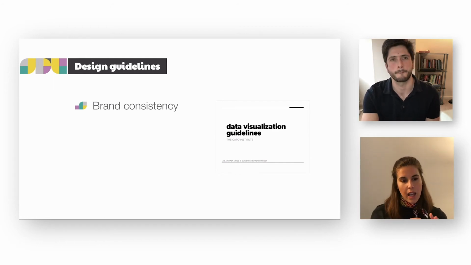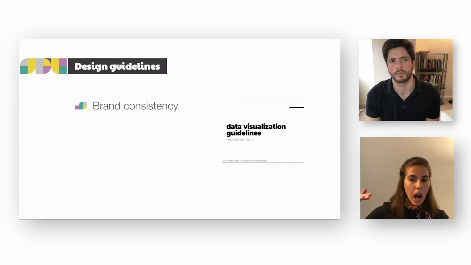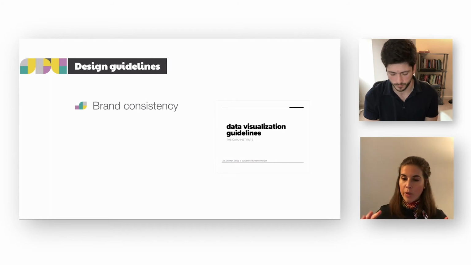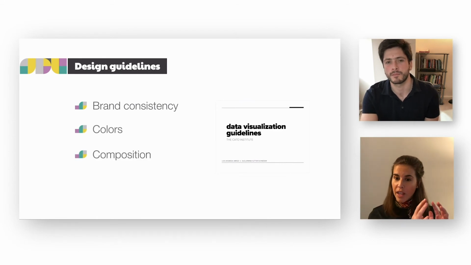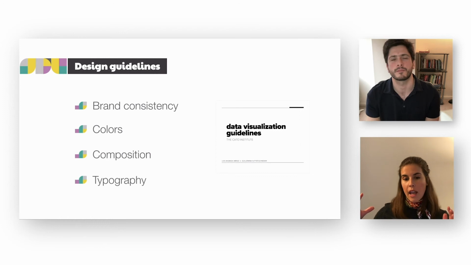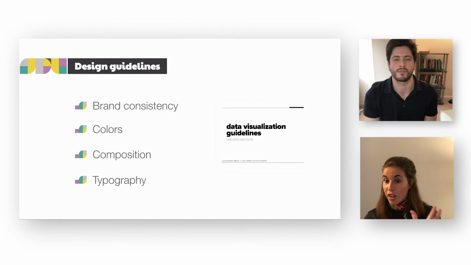If you already have an image or a brand that is consistent throughout, the colors, the typography, the composition, the three elements that are very important when talking about the brand, then you can move forward and work on the data visualization guidelines, which are going to be linked to that brand, that image that you already have.